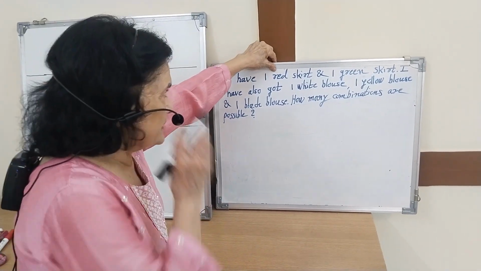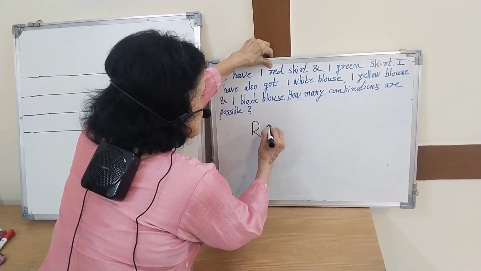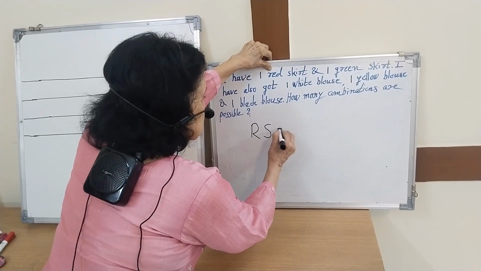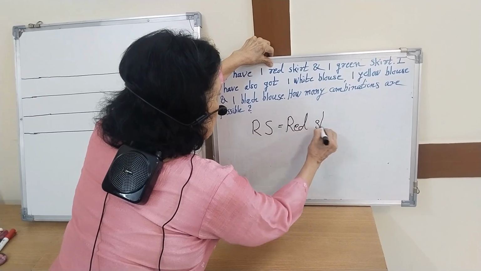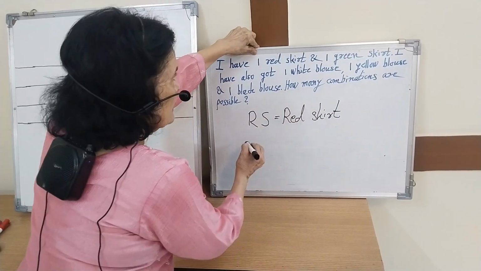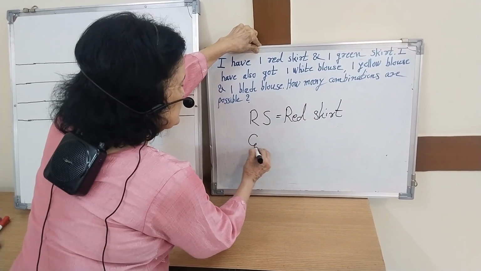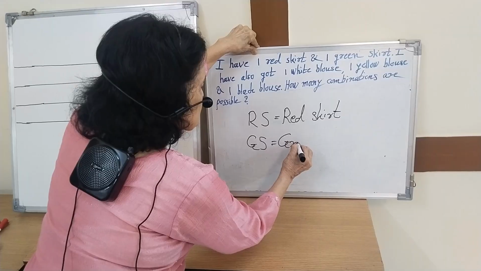So red skirt we will represent by RS, which is equal to red skirt. Green skirt we will represent by GS, which is equal to green skirt.